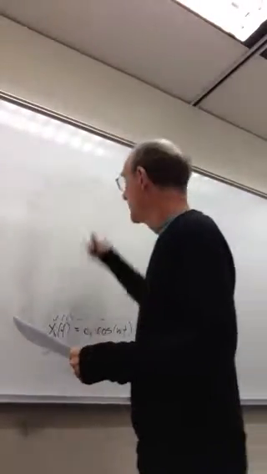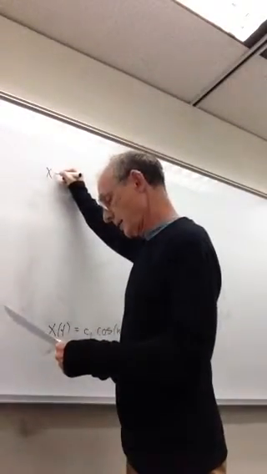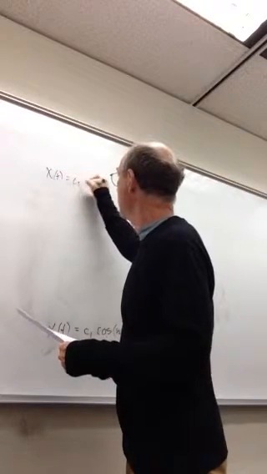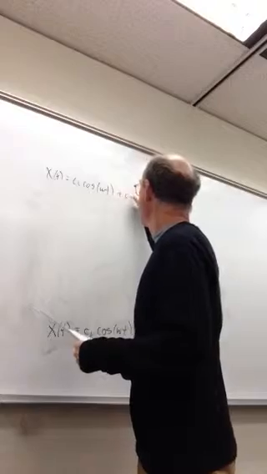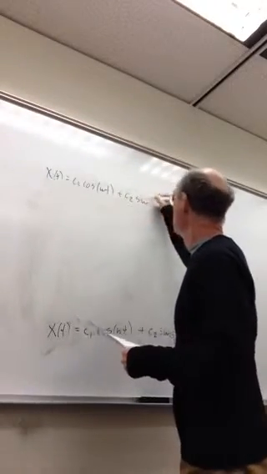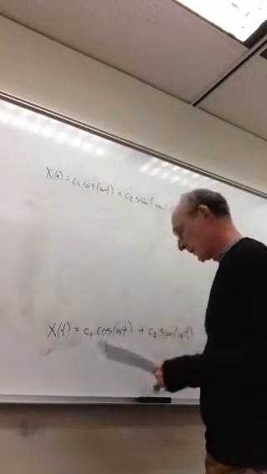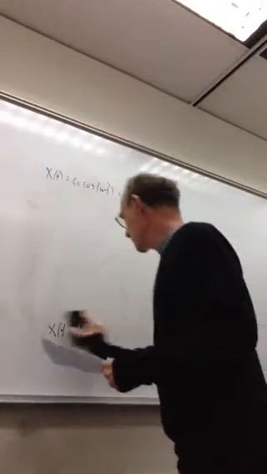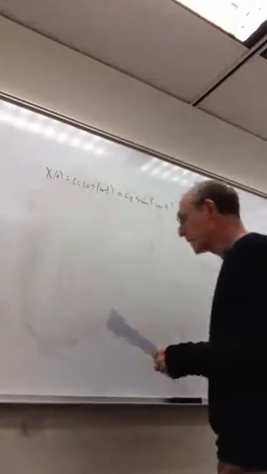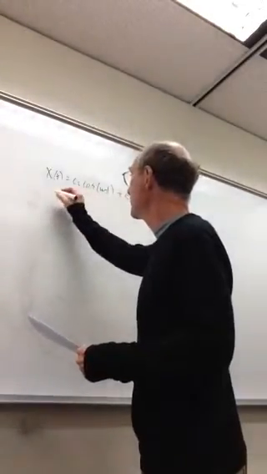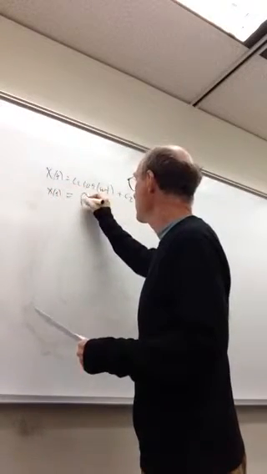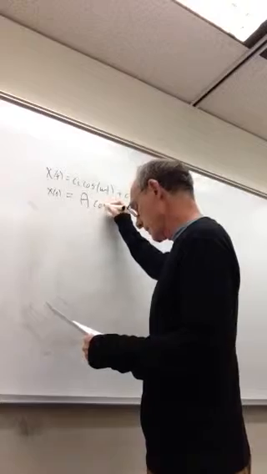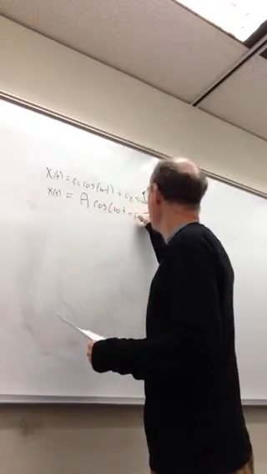It turns out that it can be rewritten using a trig identity as some other constant A times cosine of omega t minus phi.